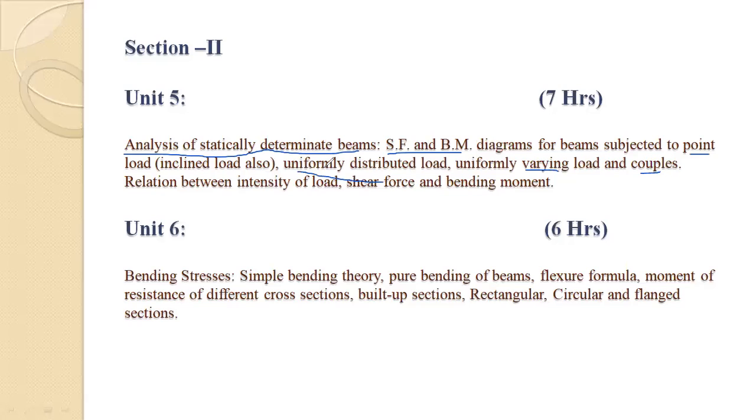So we have to draw them for various loading conditions: first for point load, then uniformly distributed load, then uniformly varying load, and last for couple. Then the last point is the relation between intensity of load, shear force, and bending moment. This is our unit number 5.